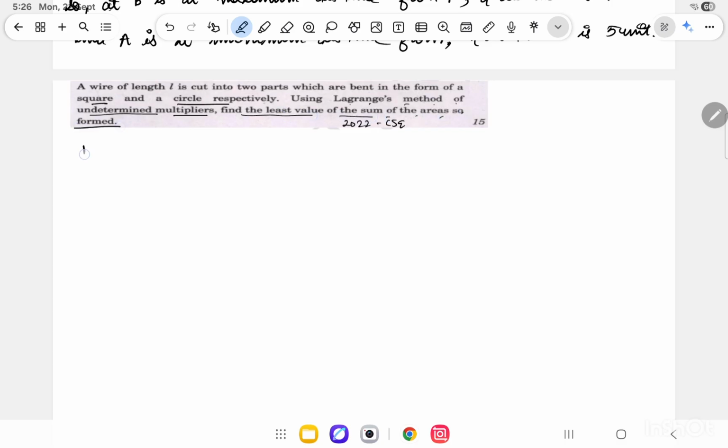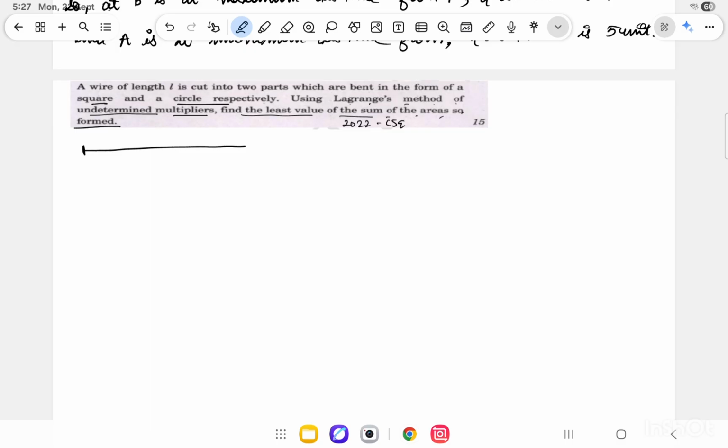In this question they have specified to use Lagranges method, and this is a repeated question. Earlier they have asked this question, but that time they didn't specify to use Lagranges method. This time they have specifically mentioned to use Lagranges method.